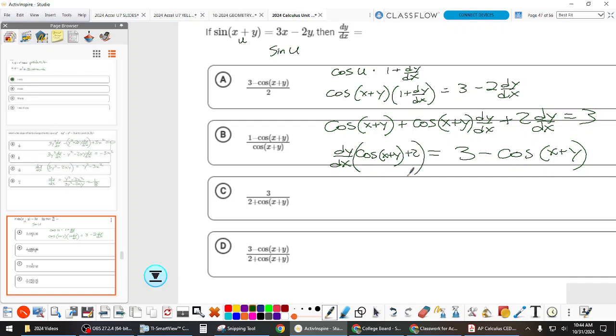Okay. So it's the same as this one, just with the 2 in a different order once we divide. So how did we get 2 cosines? Say that again? Like, where did the cosine come from? How did we get that? You distributed it. So this whole thing times 1 and times dy dx.